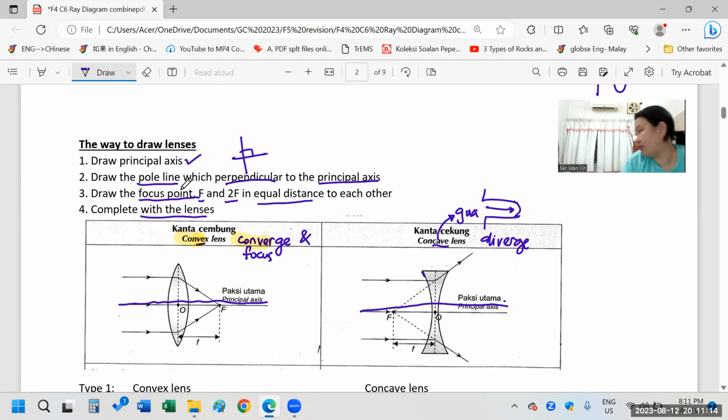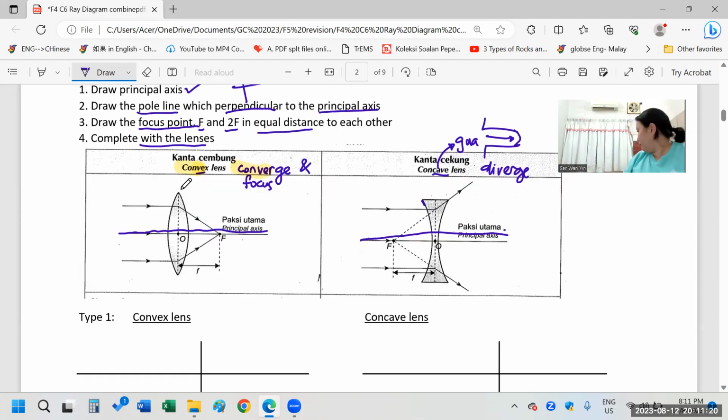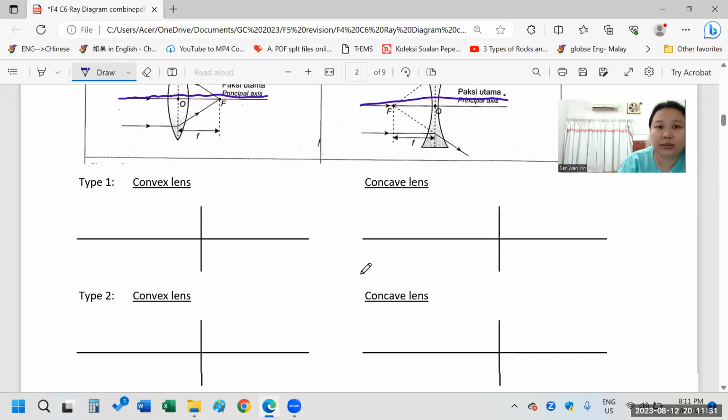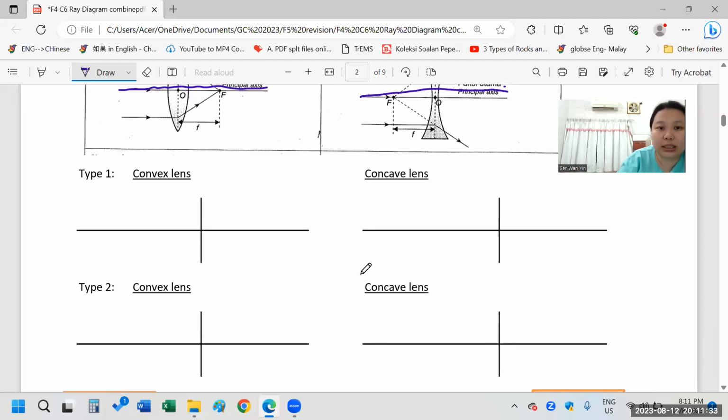Finally, complete the lens. Okay, so how to draw it? See, I already draw the principal axis, and here is the pole.